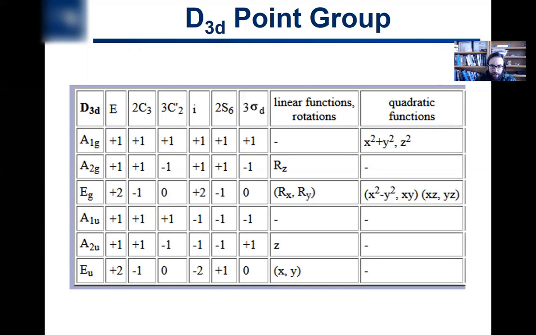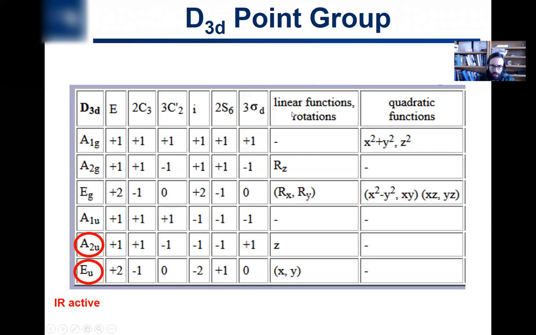For example, here the D3d character table, and we can ask, okay, if a molecule is in the D3d point group, what normal modes will be active? What will the symmetry of the normal modes be if they are to be active for infrared spectroscopy and Raman spectroscopy? And so all we do is we look at where, for infrared, x, y, and z are.